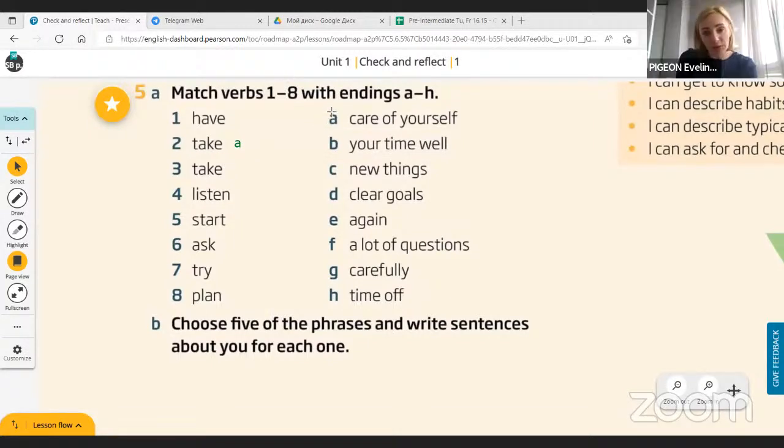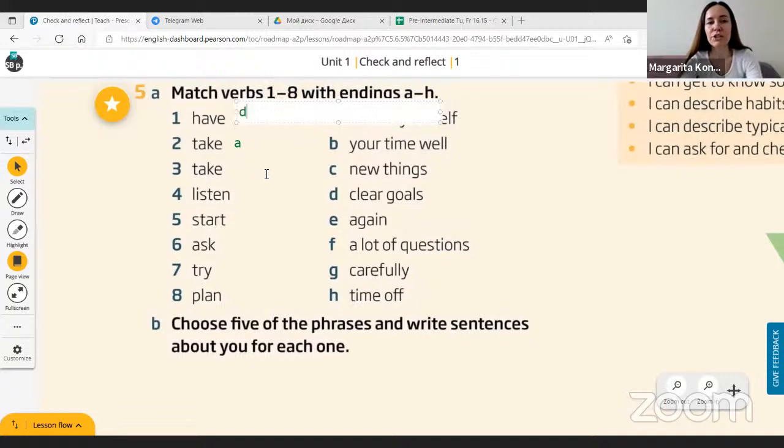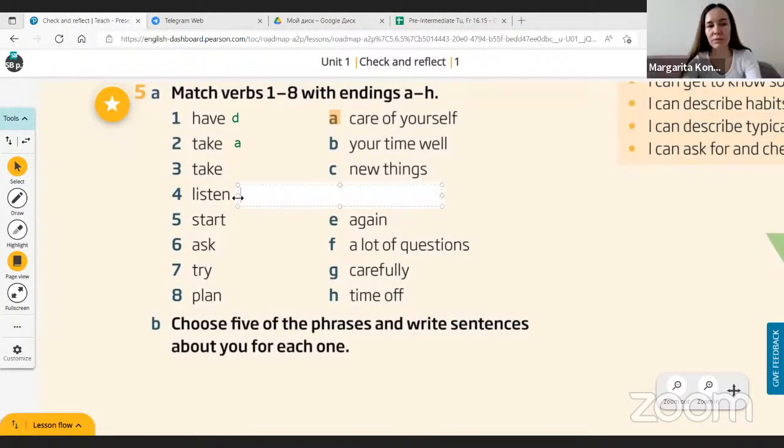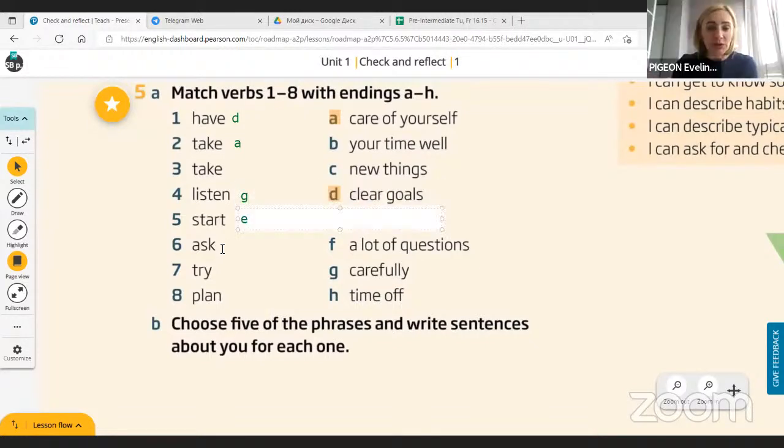Okay, and let's have clear goals. Have clear goals. Exactly. Clear goals. This is D, right? Right. Try next. Listen. You can take any other words, no problem. Listen carefully. Start again. Ask a lot of questions.